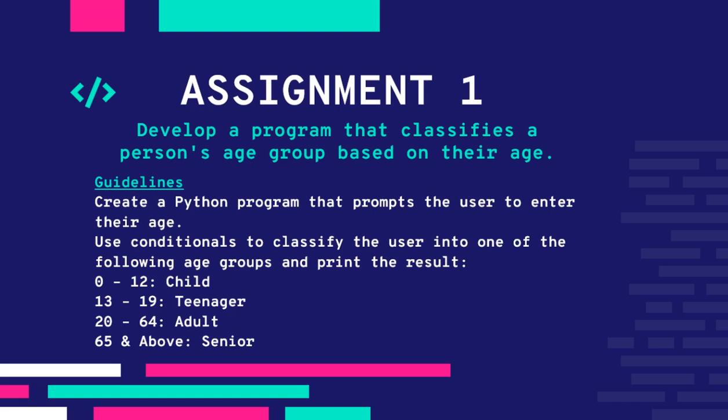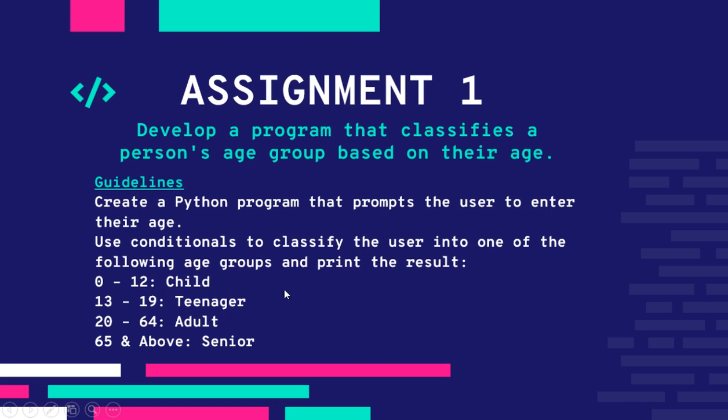So here are the assignments. This is the first assignment. Assignment 1: develop a program that classifies a person's age group based on their age. These are the guidelines. Create a Python program that prompts the user to enter their age, and use conditionals to classify the user into one of the following age groups and print the result. If it is 0 to 12, print that the person is a child.